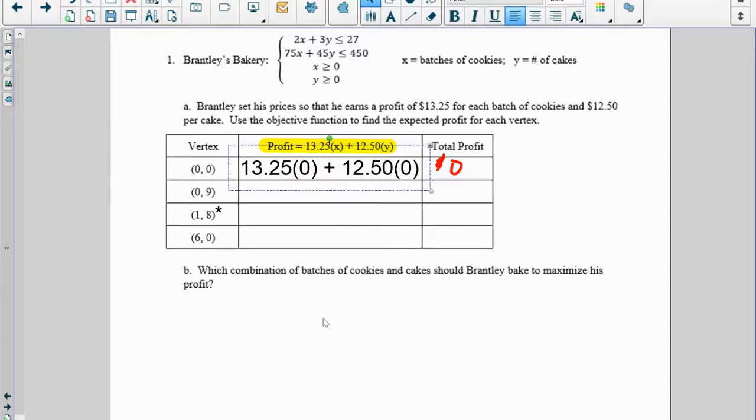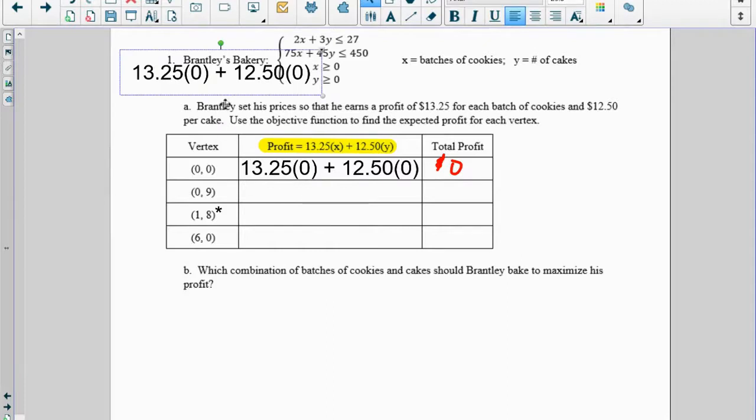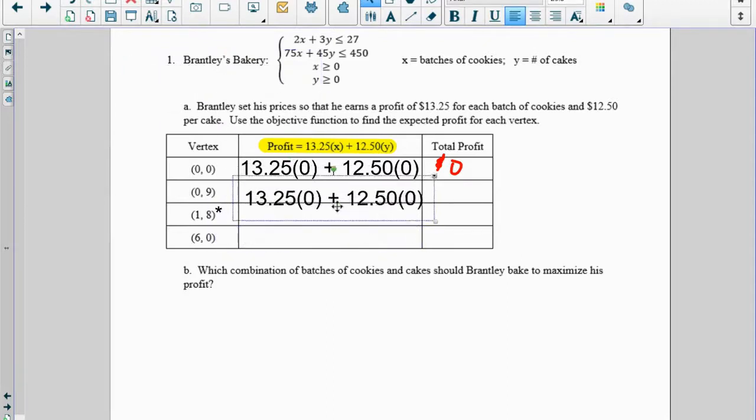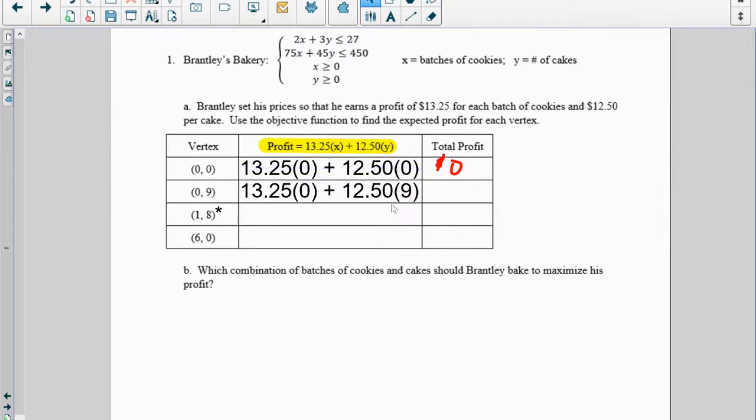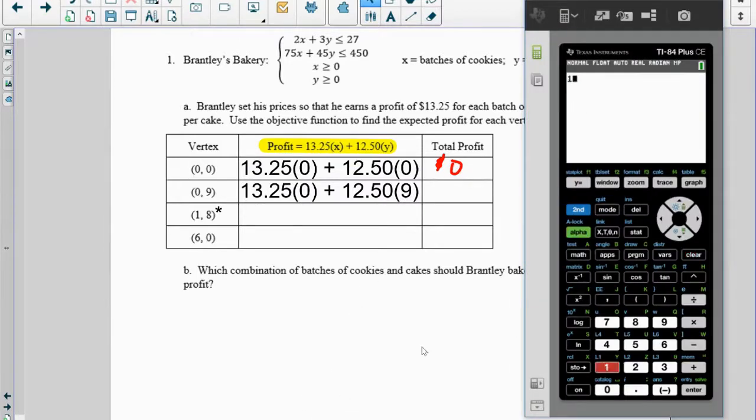All right, I'm going to go ahead and copy this to save a little bit of time. Let's change it now to our second situation, where 0, 9 was the vertex. That means 0 batches of cookies, so I'm going to leave x as 0, but change the y value to 9. So 9 cakes is basically what he's making. On my calculator, I just need to figure out what $12.50 times 9 cakes is.